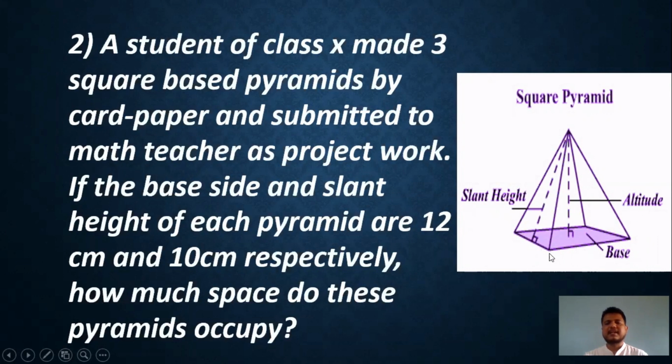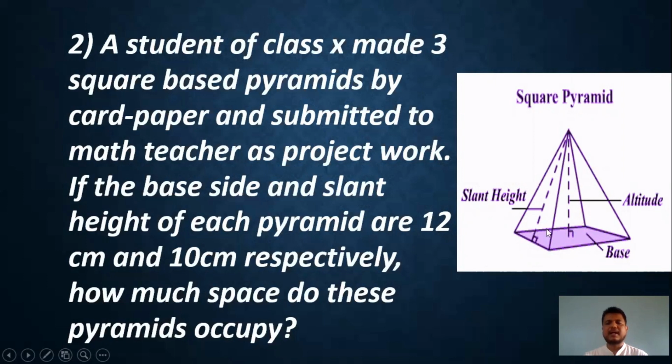And base means this sided portion is the base. In a base we have altogether 4 sides. It means I can draw 4 slant heights on this square base pyramid. This is one slant height which is perpendicular to this side. I have another side of the square, and I can draw another perpendicular line from this point to this side. It can be a slant height. Another slant height I can draw on this side, and one more.